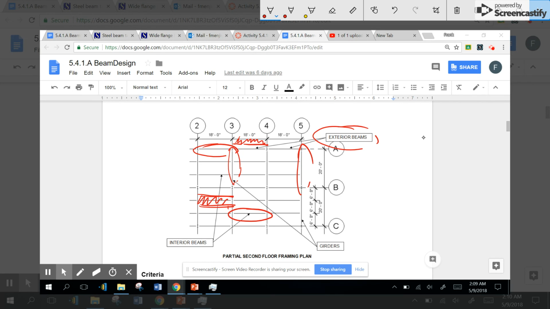The difference is that when you go to draw your beam, the distributed load that you're going to end up getting is going to be less than that of the interior beam. That's going to change your load conditions. It's going to change the type of beam that you're going to use significantly. You might end up with the same beam. You very well likely won't end up with the same beam, but that's the exterior beam.